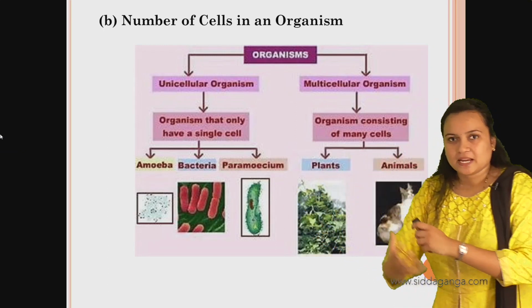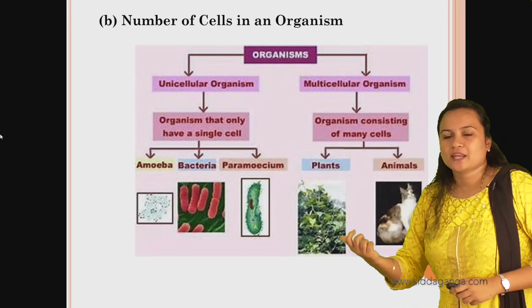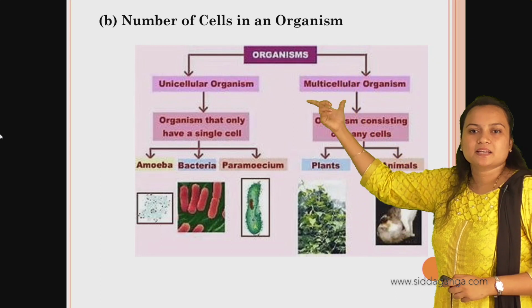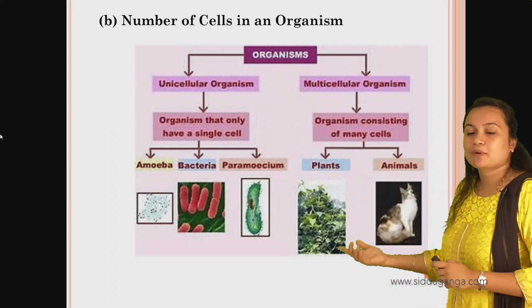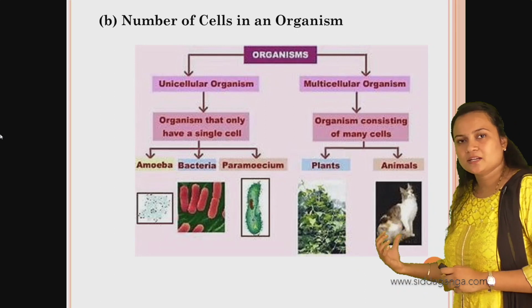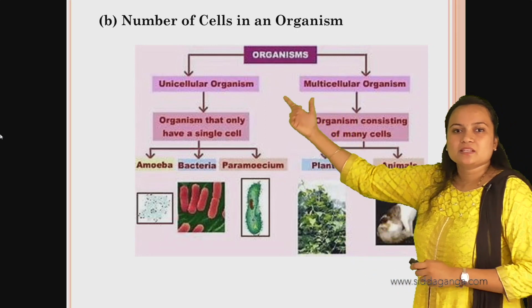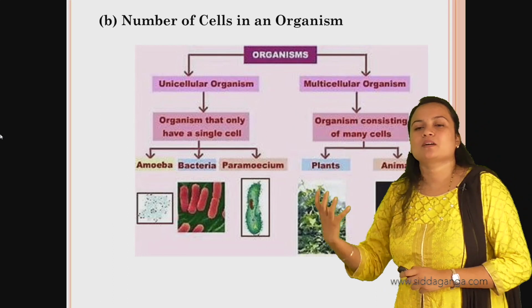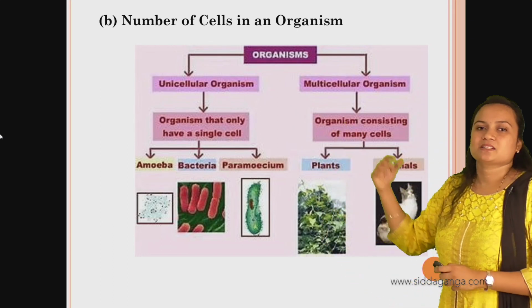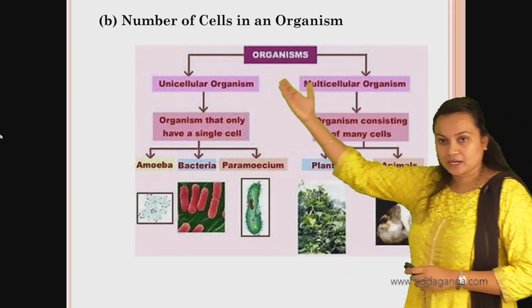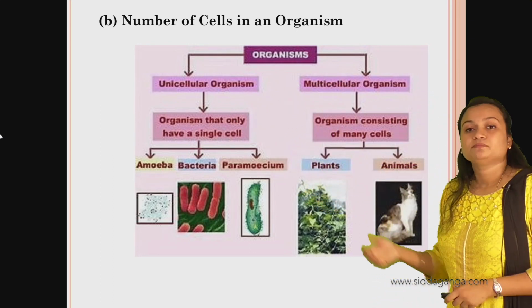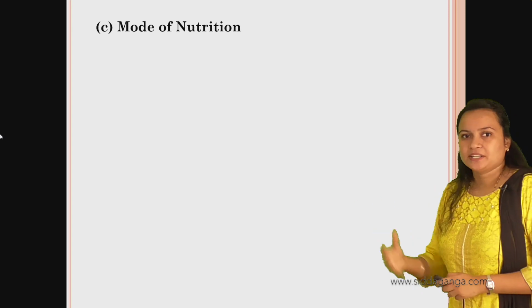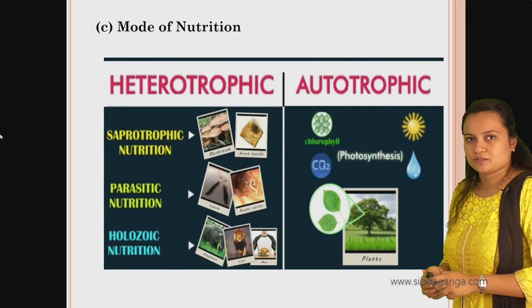And there are some eukaryotic organisms which are multicellular, organisms consisting of many cells, like plants and animals, right? So likewise, based on the number of cells, we can classify the organisms whether they are unicellular or multicellular.